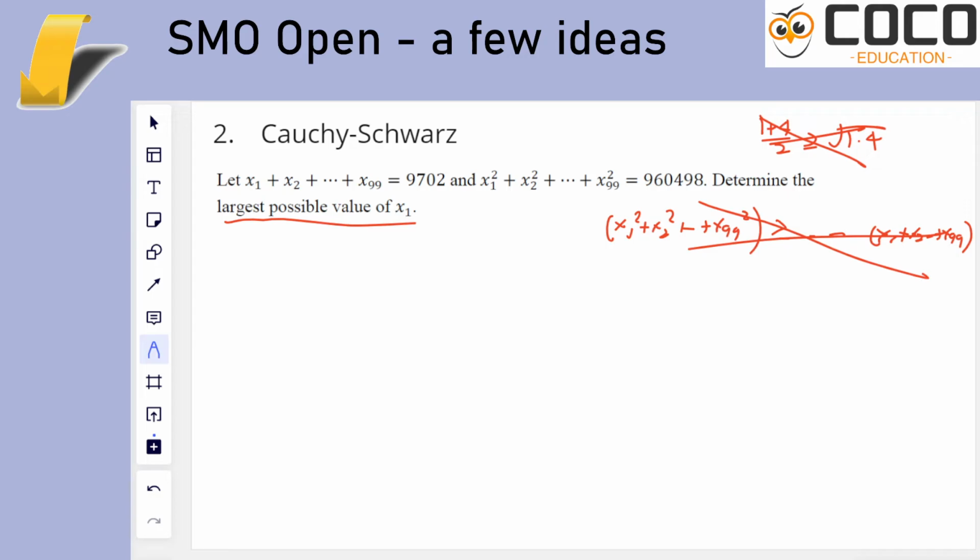So what you should do is to ask yourself, why can't x1 be anything I like? And the answer is that if your x1 is going to be poorly chosen, then the rest of the values are not going to be real numbers anymore. It cannot be satisfied.